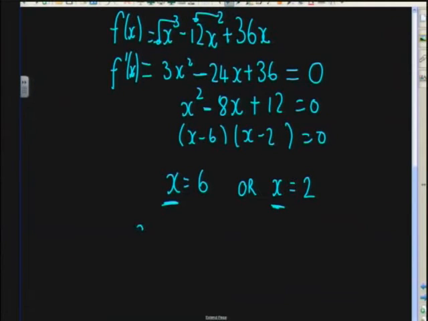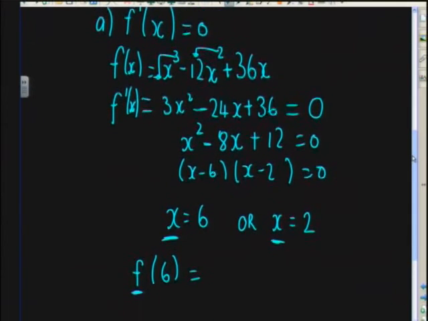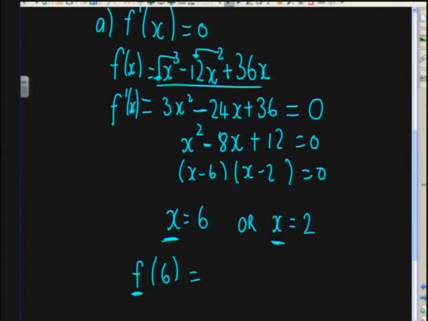So importantly, you need to put this into the original function. Okay, you notice I'm using f of x, not f dash or f double dash. So I'm going to find out what f at 6 will give me, and then we're going to do the same thing for 2. All right, so we simply substitute it into the function.